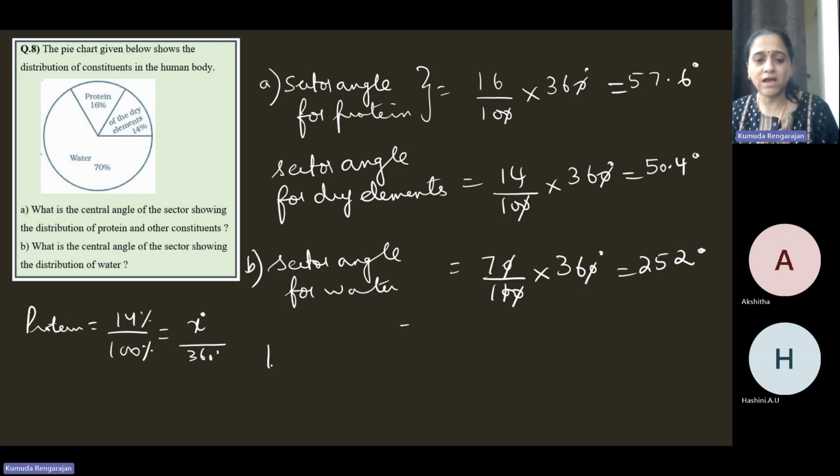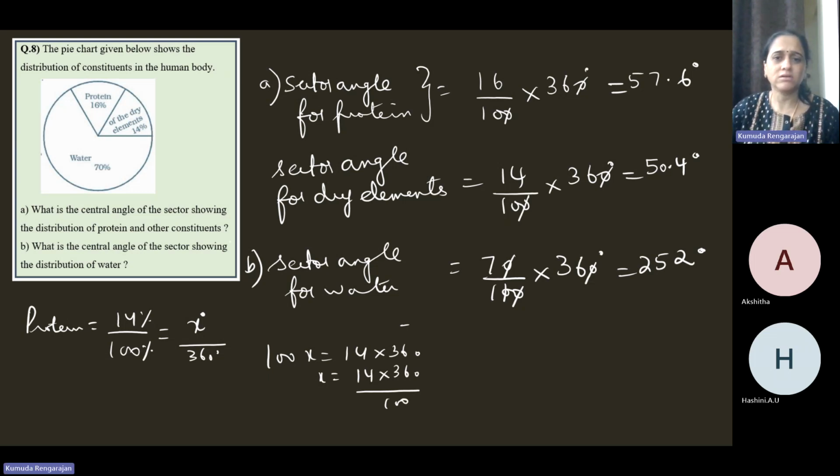Cross multiply: 100x is equal to 14 into 360. x is equal to 14 into 360 divided by 100. Yes, protein is not 14. Protein is 16, right? Okay, 16.